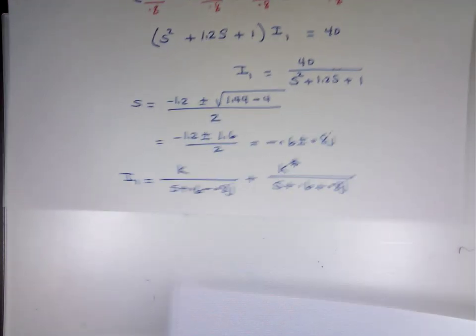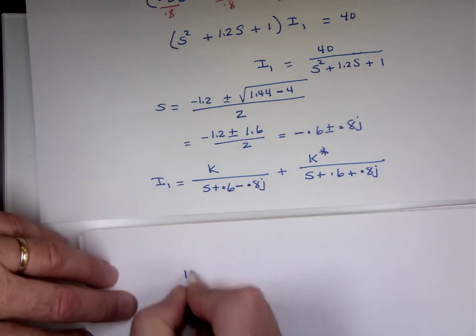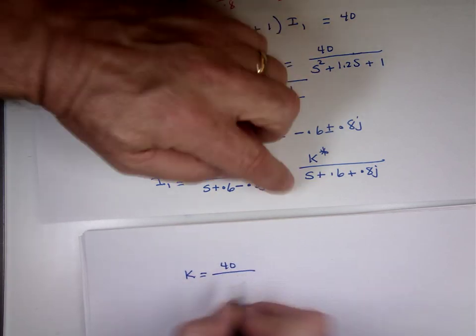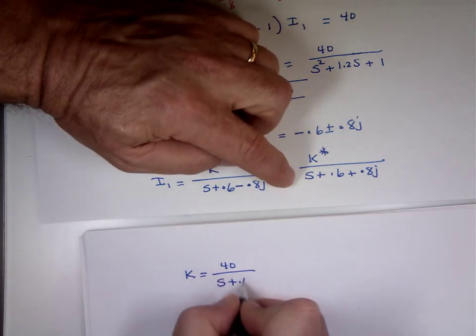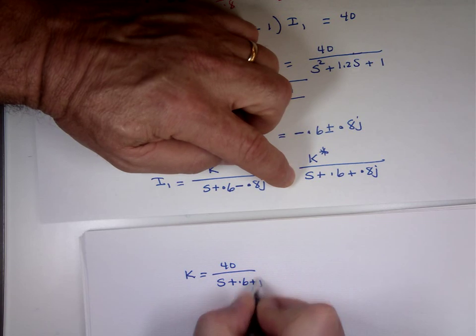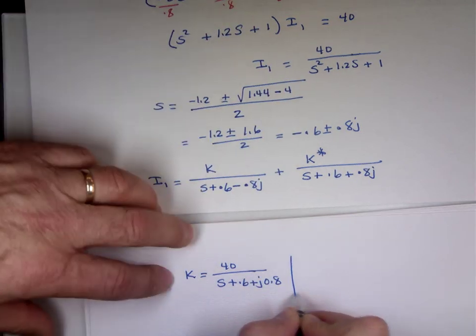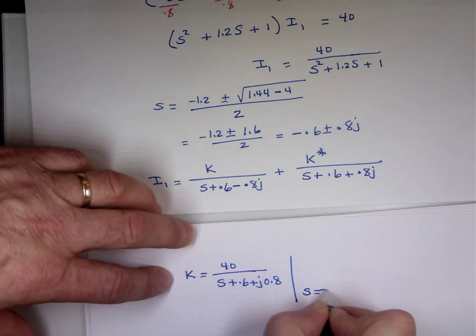K equals, here we go, 40 over s plus 0.6 plus j 0.8, when s equals negative 0.6 plus j 0.8.